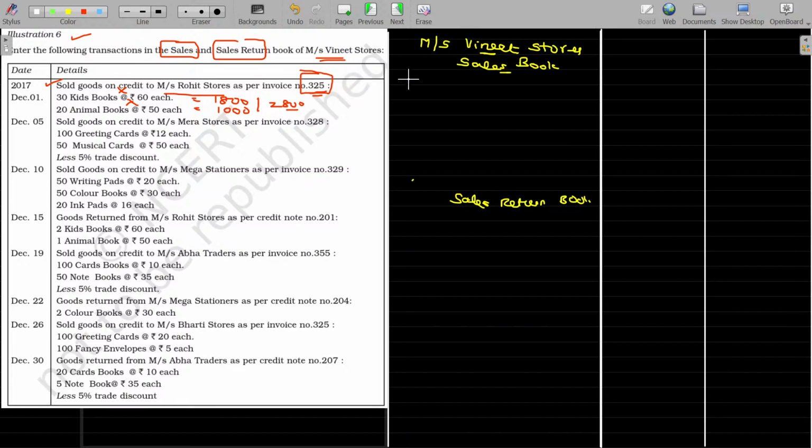So in the sales book, Mrs. Rohit account, Rohit Stores, the value being 2800.